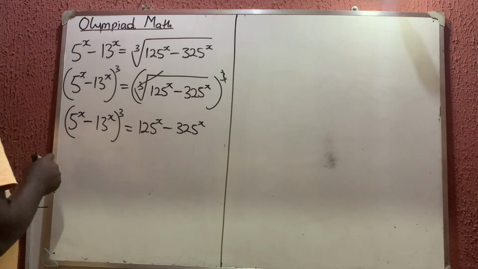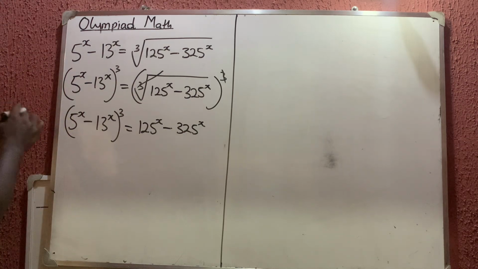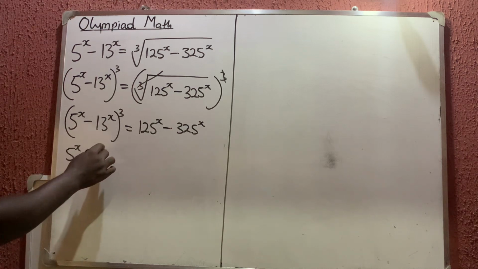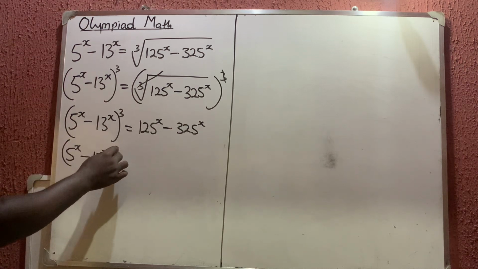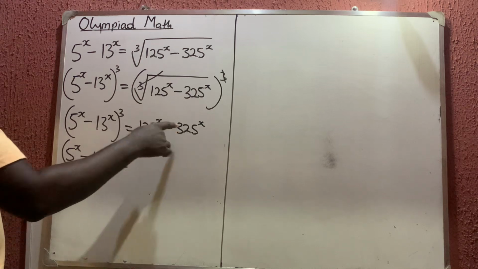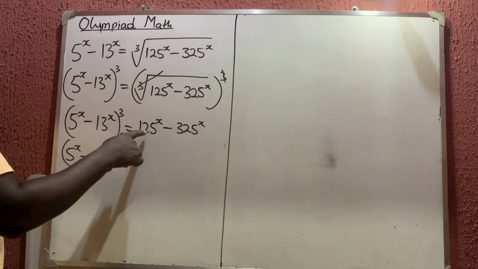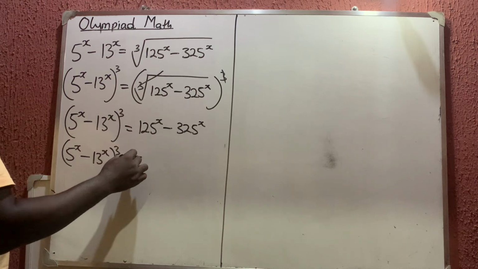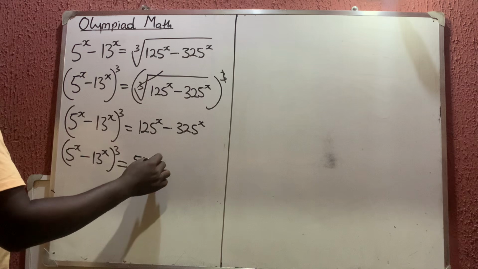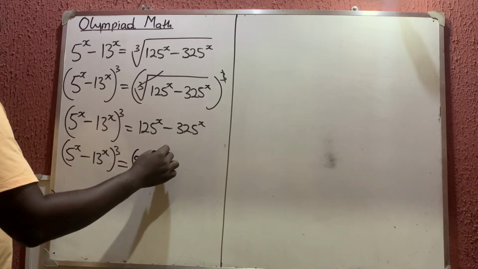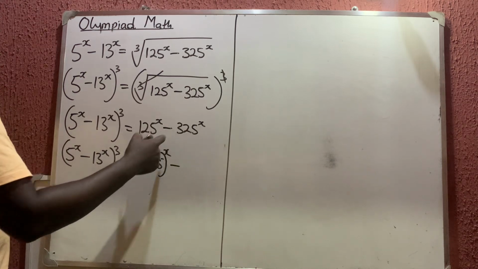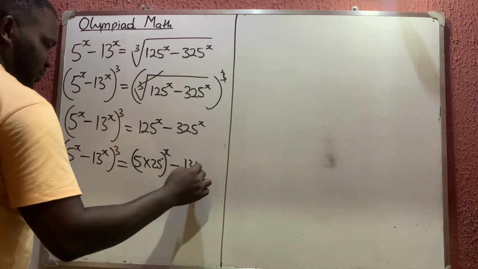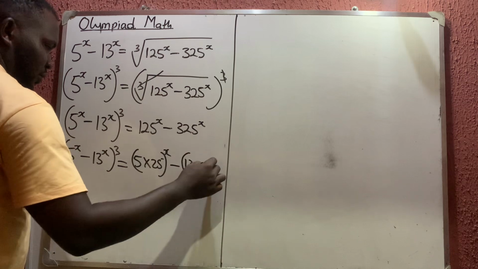Okay, so I'm now having that (5^x − 13^x)^3 is equal to, this could be written as 125 can be written as 5 times 25. Okay, everybody's raised to power x minus, this one could be written as 13 times 25. Okay, 13 times 25 all raised to power x.